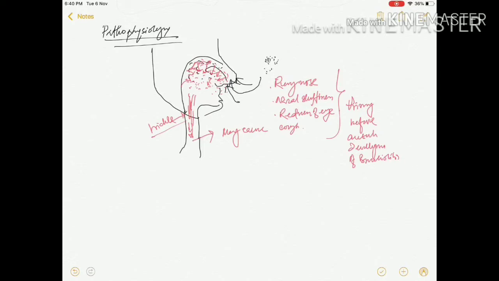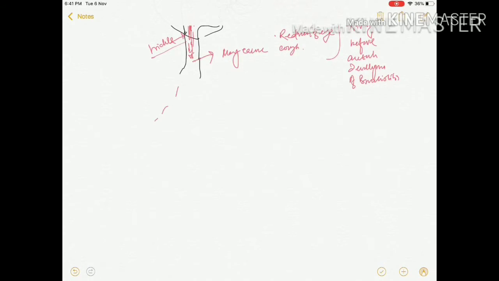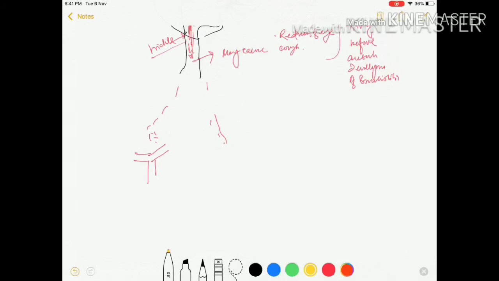This inflammation of the upper airway generally extends into the lower airway, infects those small airways and causes inflammation that leads to bronchiolitis.